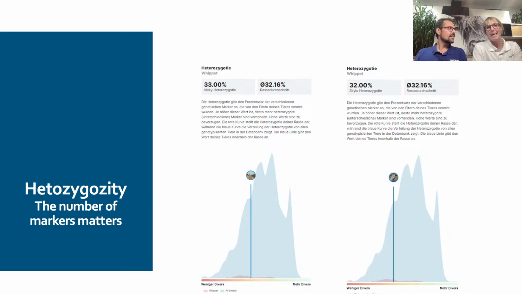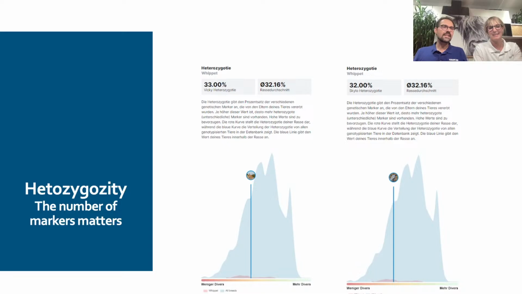Yeah. Heterozygosity tells you something about genetic diversity, let's say it like that. So which genetic markers are different from mother and father. Okay, so this means these are the result of my offspring from mother and father, and what of the DNA it gets from both.